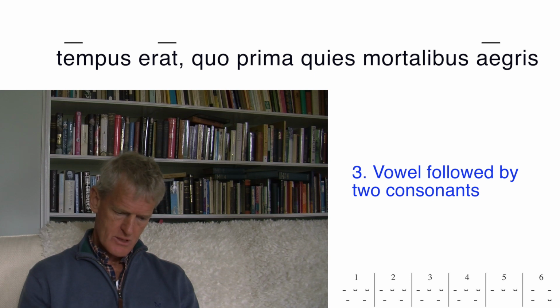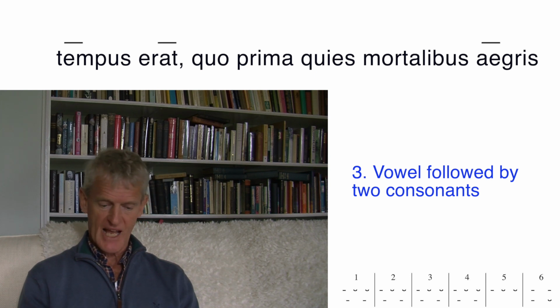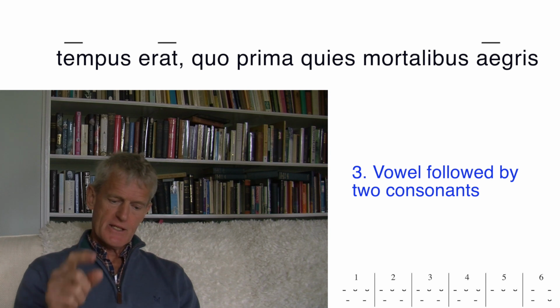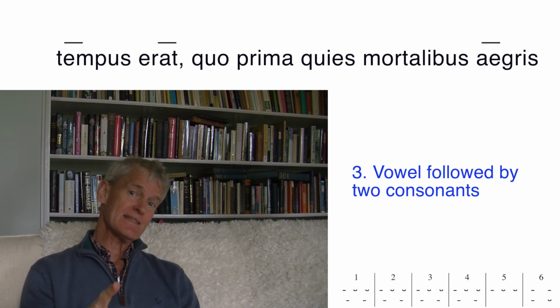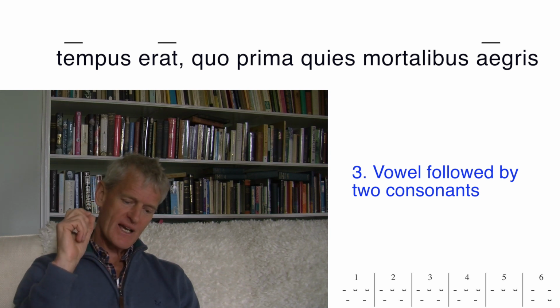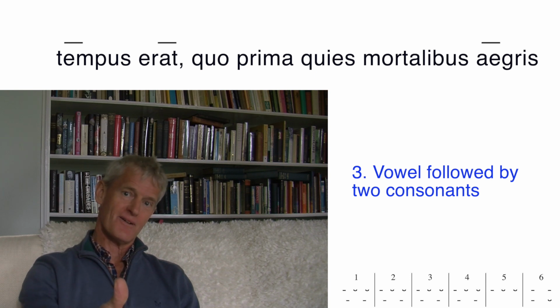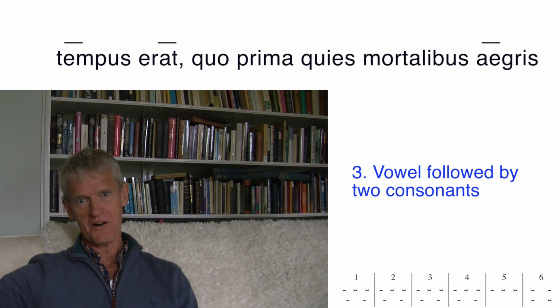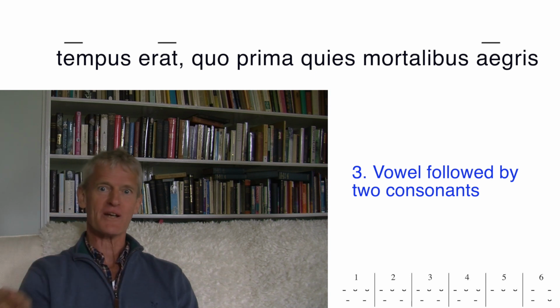Prima, no, quit, no. Now look at quies mortalibus. The E of quies is followed by the S of quies and then the M of mortalibus. So it's a vowel followed by 2 consonants.